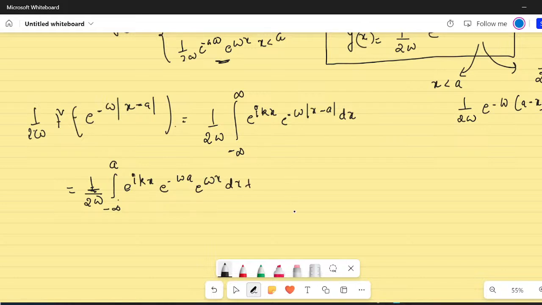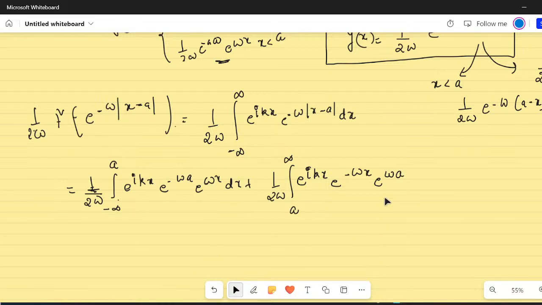And from a to infinity it will be again 1 upon 2 omega, e to the power iota k x, and then e to the power minus omega x into e to the power omega a.